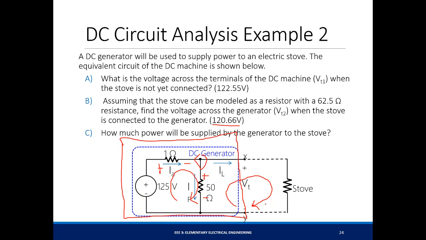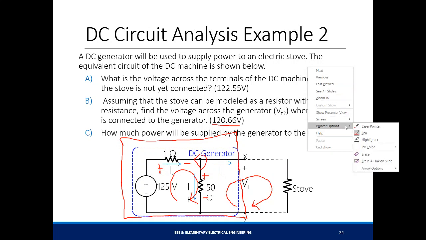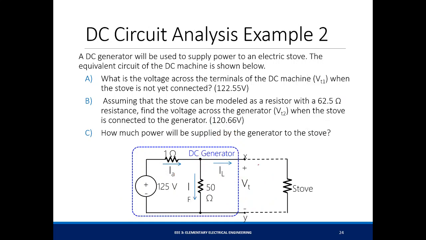So what is the power then? How do we calculate that? So let me just erase everything first. There you go. So this DC generator actually outputs some current IL to the stove right here. So it seems like the current is flowing from negative to positive on this terminal, going out into the stove.